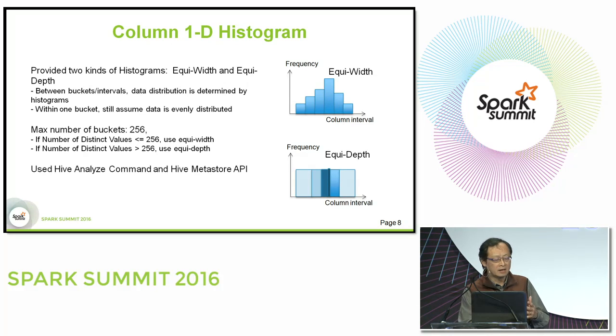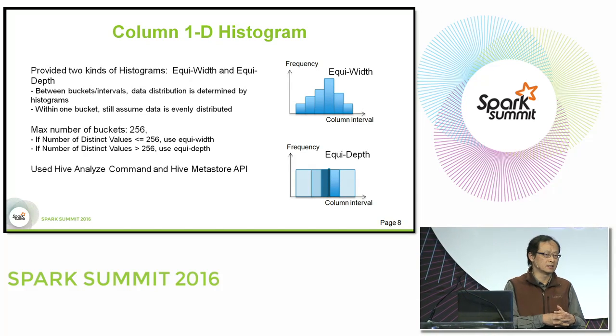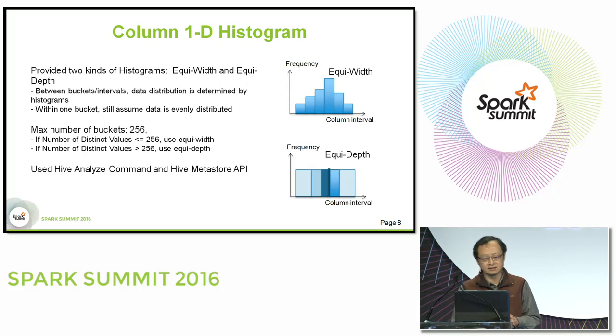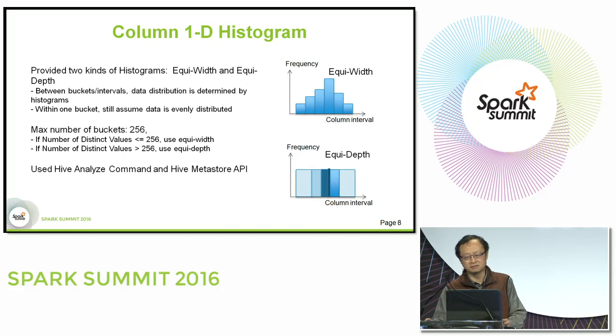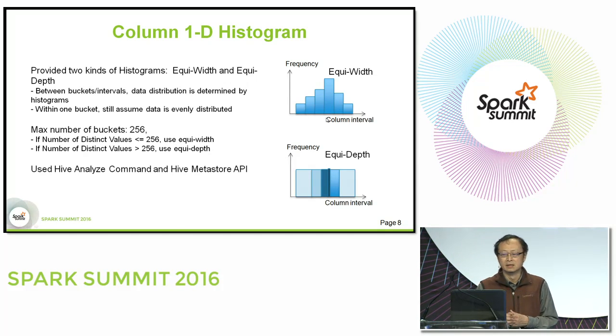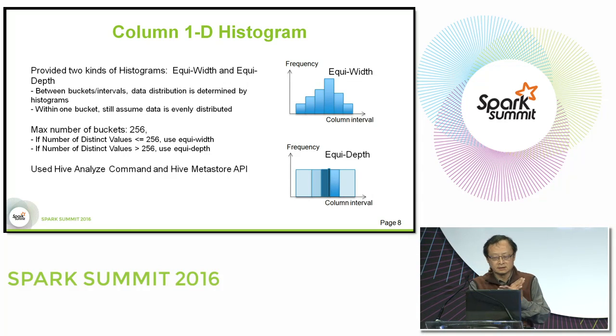And with the Hive analyze statement, in what format do we save this statistic information? We provided two kinds of histogram, equal width and equal depth. For example, in this diagram, we have the equal width. Equal width means that the width of the column interval is fixed.